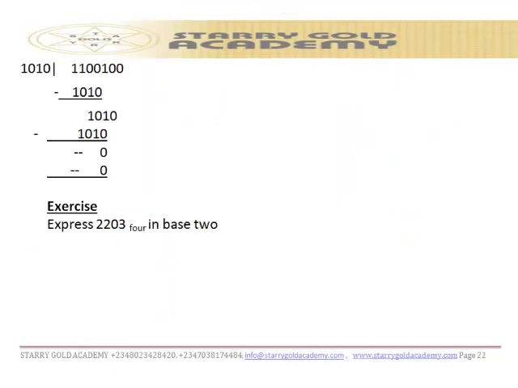So next page here you have 11001100. I'm going to use two methods here. So first, let's stick with this one.